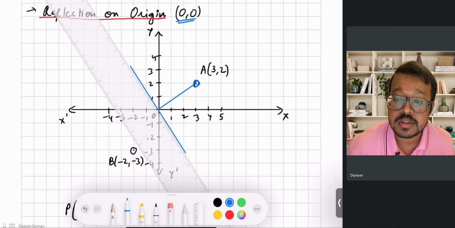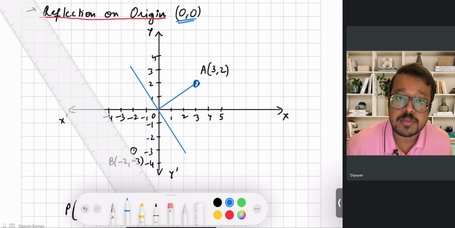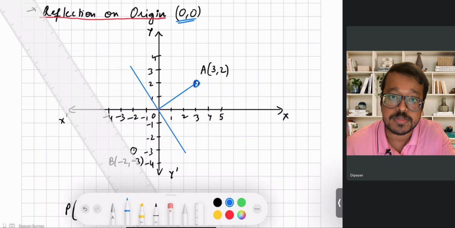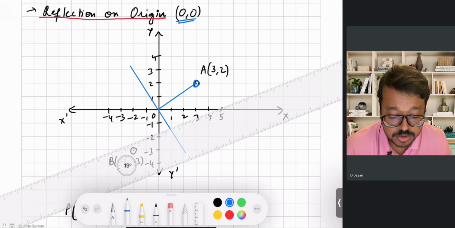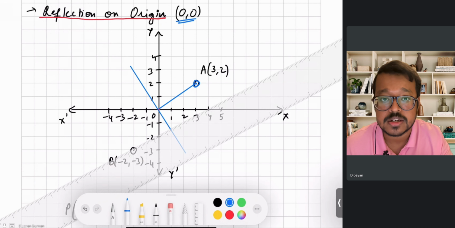So in the case of reflection on origin, I will have a mirror passing through the origin which is placed perpendicular to the line joining the object and the origin. And now the image will be formed the same distance on the other side of the mirror.